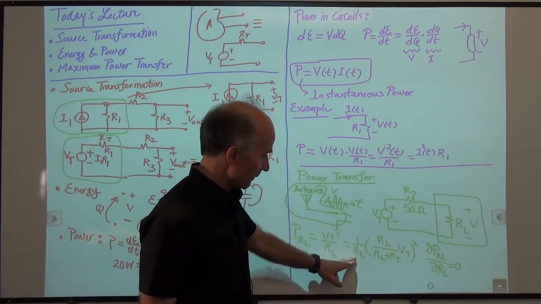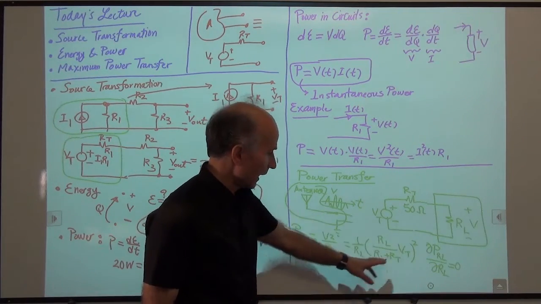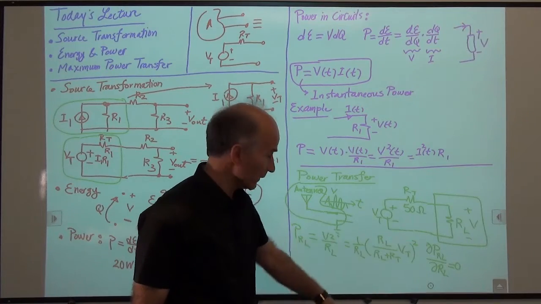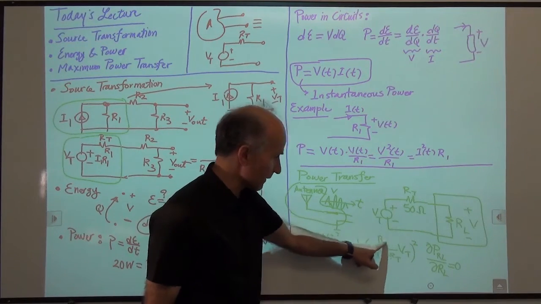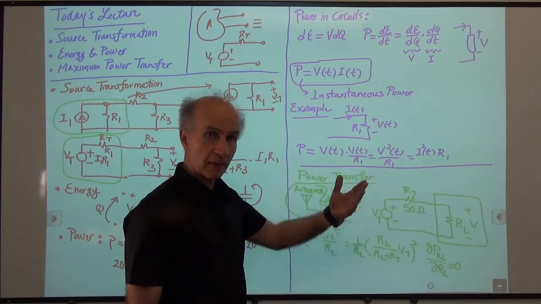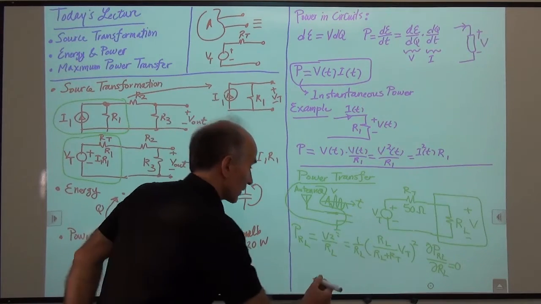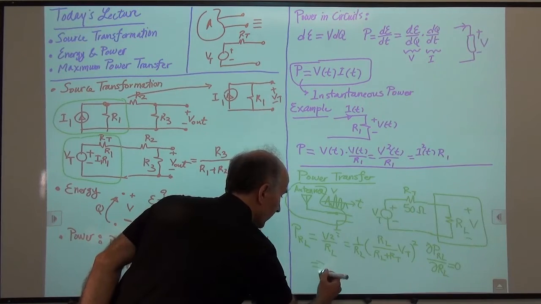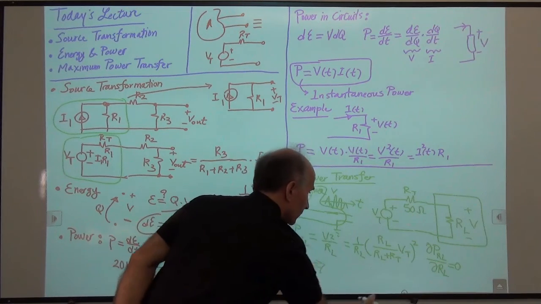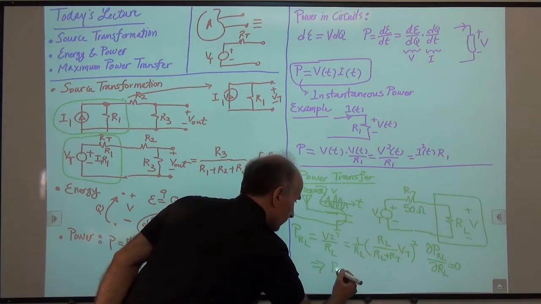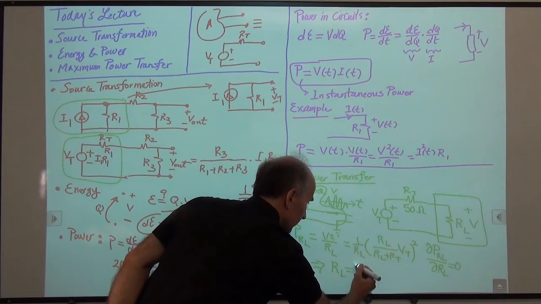So you can see that one of these cancels with one of these, and VT squared doesn't matter, it's just a constant. So we just have to take the derivative of this, and equate it to 0. And what comes out is very simple and very nice. So that tells us that for the derivative to be 0, we have to have RL equal to RT.